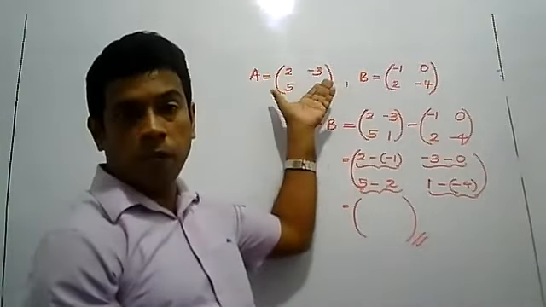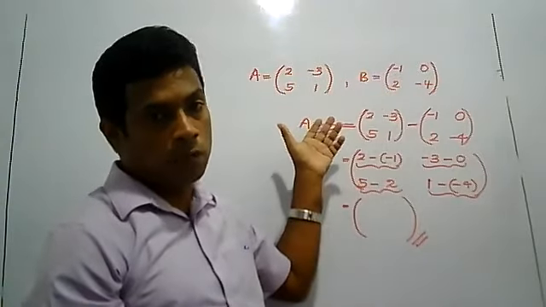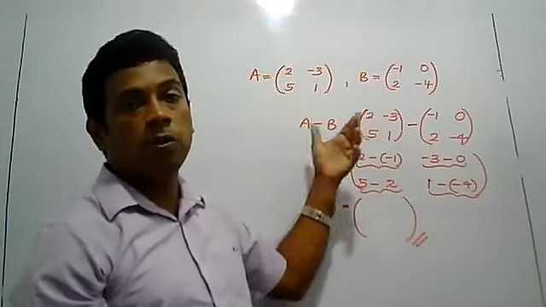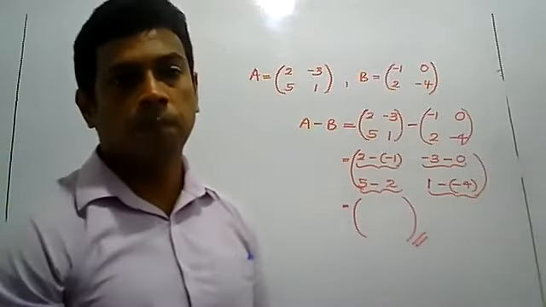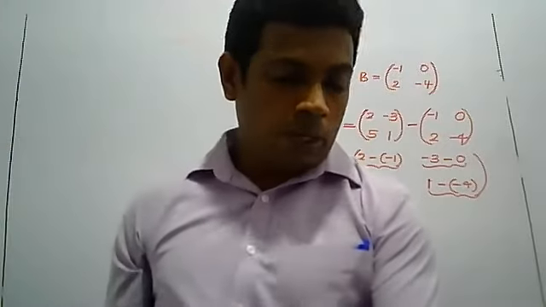Matrix A is 2 by 2, matrix B is 2 by 2. We can subtract matrices of the same order. We did addition in the previous theory, now we are going to do subtraction. Subtract the two matrices and write the answer for A minus B.